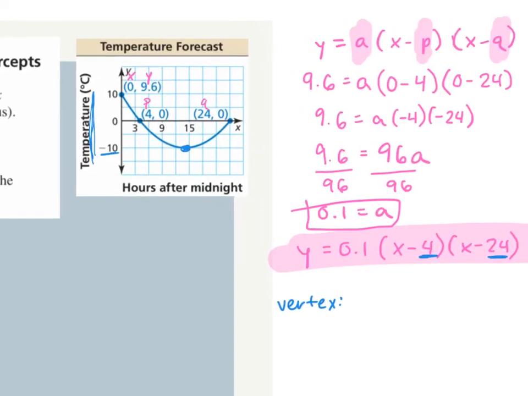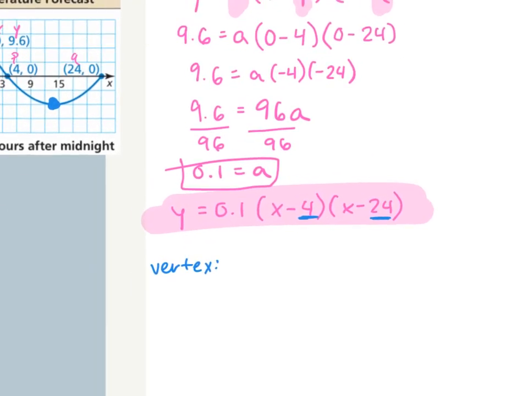We're looking for this point here. So what do we need to do to find our vertex? Remember how we take the average of our intercepts? So 4 plus 24 and divide by 2. Anybody remember that? It was on your quiz that you just took. So 4 plus 24 is 28 over 2. This would be 14. So our first value in our vertex is 14.